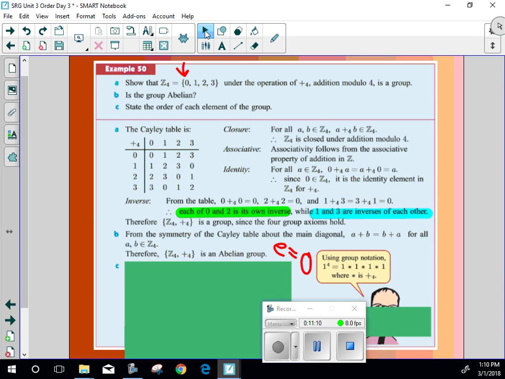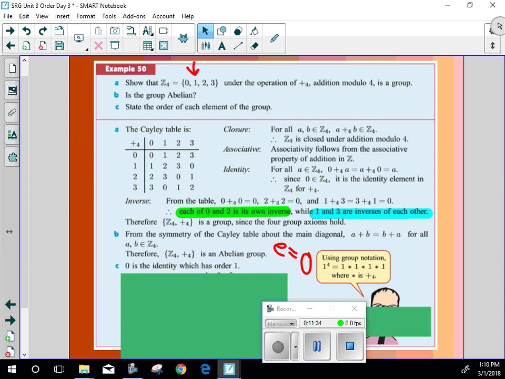So you would say that 0 has an order of 1. Now let's do 1. Is 1 equal to 0? It's a dumb thing, but is 1 equal to 0? No. So it isn't order 1.